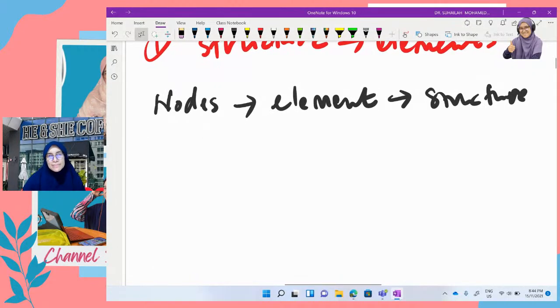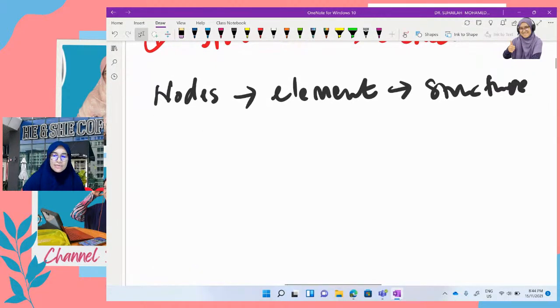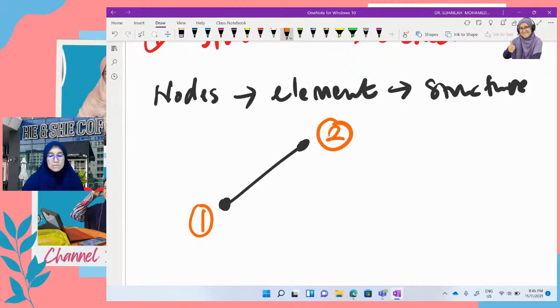One important thing is that in order to have one element, we need to have 2 nodes: node number 1, node number 2. This is the node, this is the element.